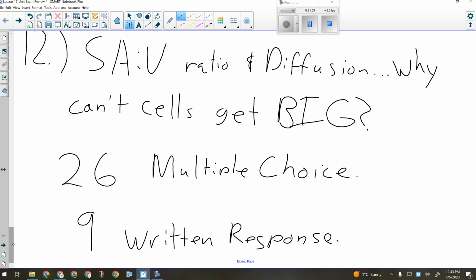All right, so in the written response: how stomates work. That's kind of like specialization, but definitely know how the stomates work. And then we've got plant growth and development, and that's tropisms, hormones, things like that.